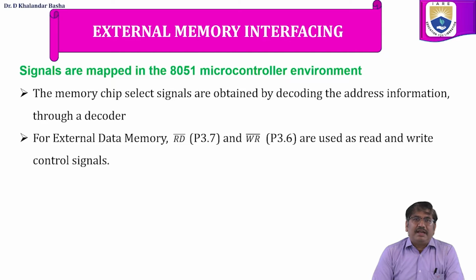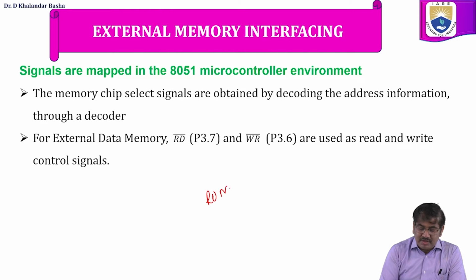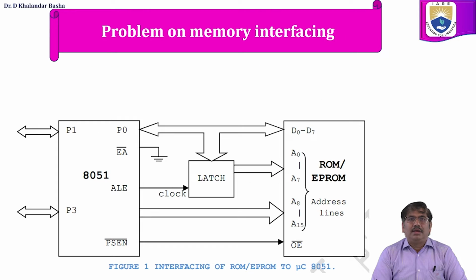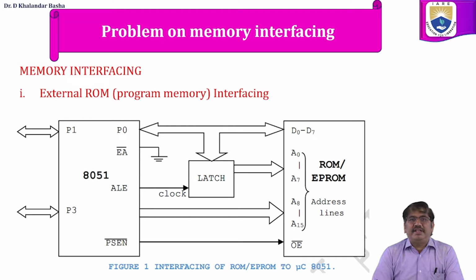For external data memory, the read signal on port 3.7 and the write signal on port 3.6 are used as read and write control signals. For ROM, we require only the read signal, whereas for RAM, we require both read and write signals for accessing the memory. Now we will see the interfacing of memory to the 8051 microcontroller.